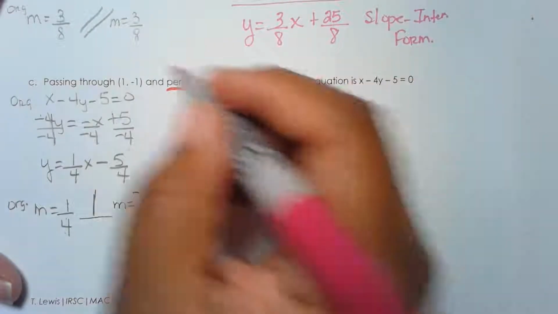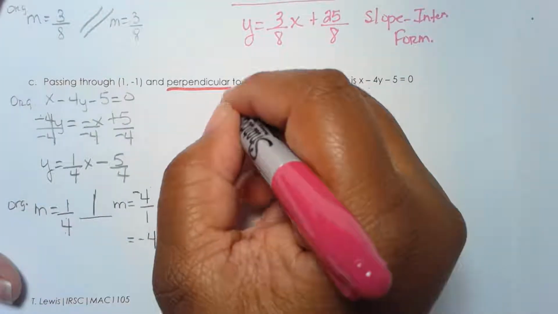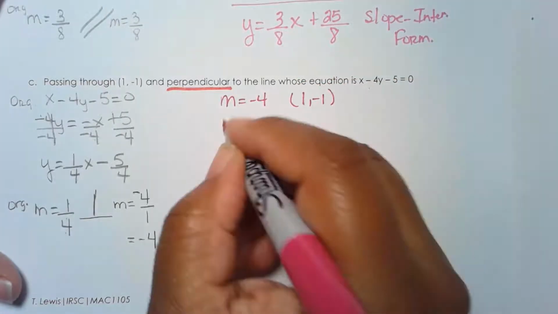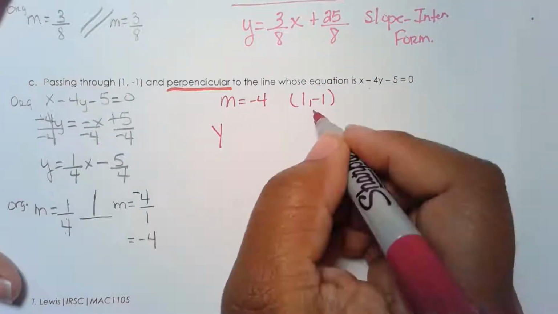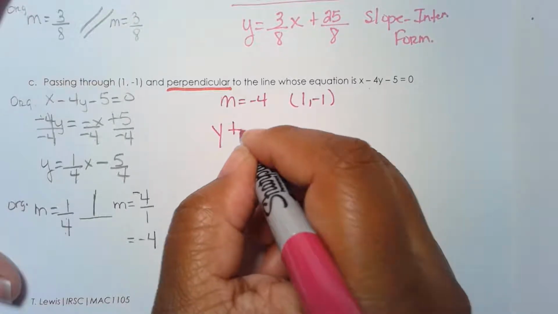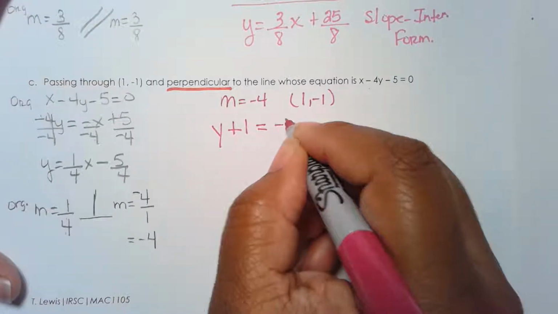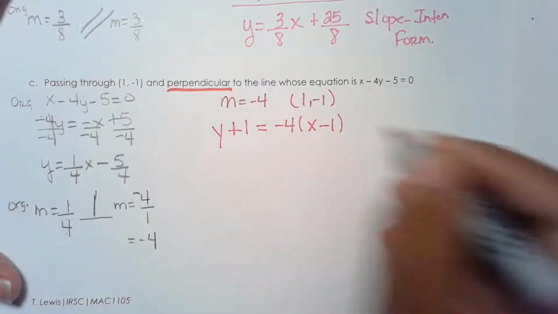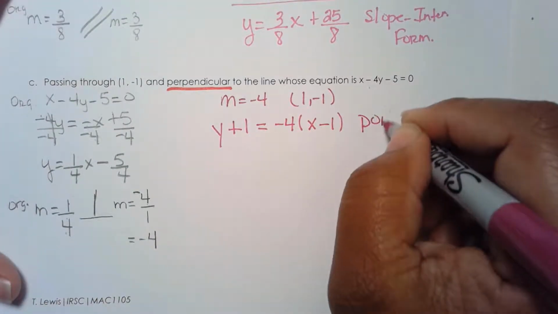We have our point, we have our slope. So point slope form: y minus negative 1, that becomes y plus 1, is equal to negative 4 times x minus 1. Here's point slope form.